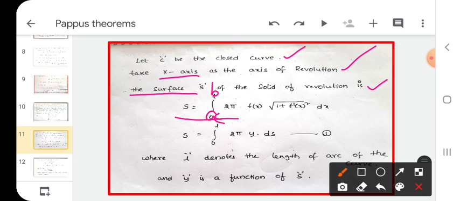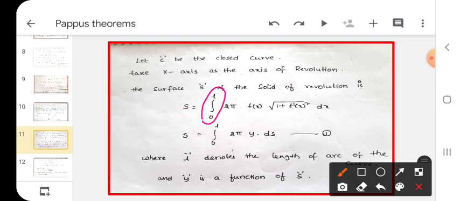This is the formula of surface of revolution in Cartesian form. Here we take limits from 0 to L, where L is the length of that closed curve, and f of x means y. I write y equals f of x, so I write y in place of f of x. Root of 1 plus (f dash x) whole square dx equals ds, where ds means the length of the arc.